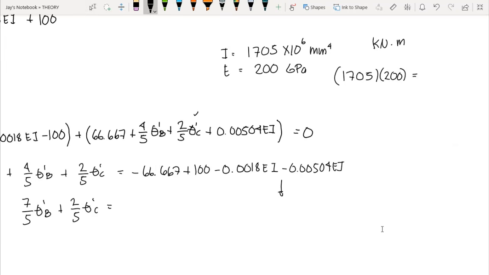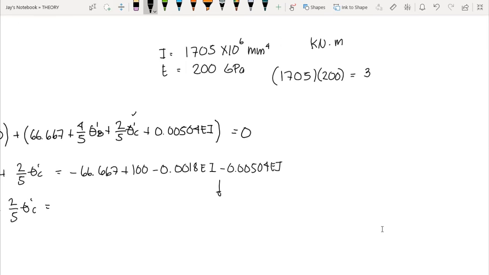That gives you 341,000, in kilonewton meter squared. I will leave the conversion to you. So we have to multiply this 341,000 by 0.0018 and 0.00504.